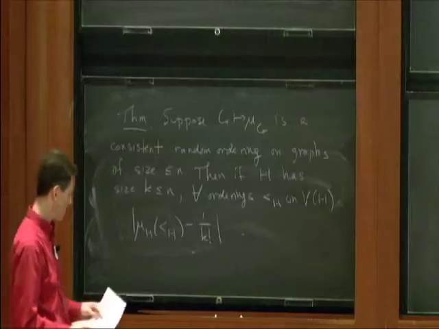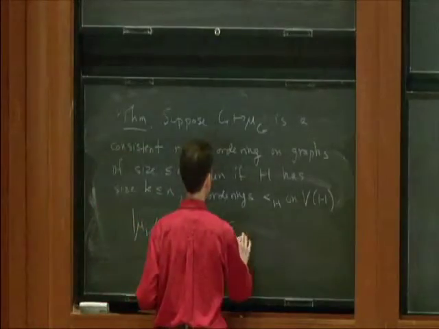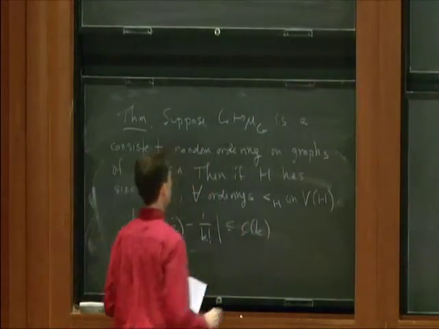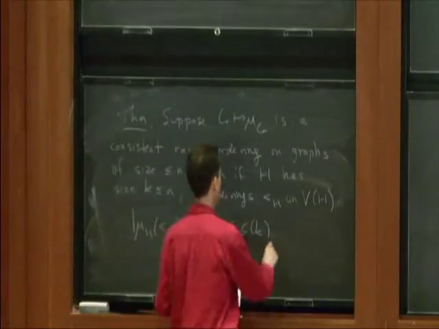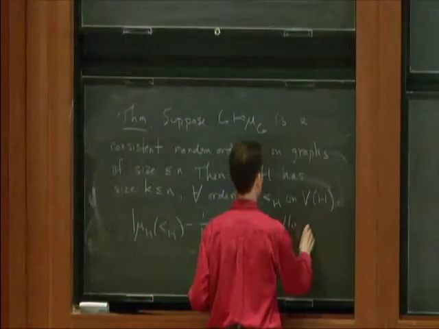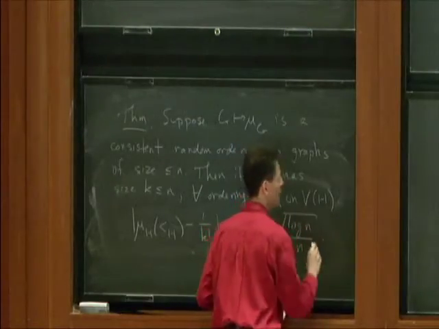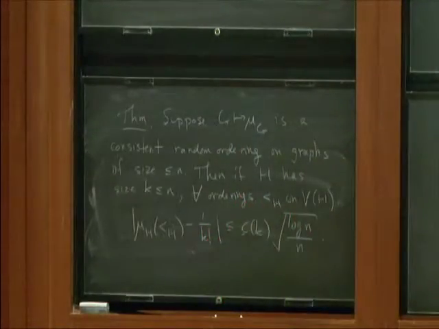So how much does it differ? For all orderings, it differs by at most some constant depending on k times the square root of log n over n. The fact that the square root of log n over n tends to 0 as n tends to infinity is what tells us that we only have the uniform if we do it for all graphs.